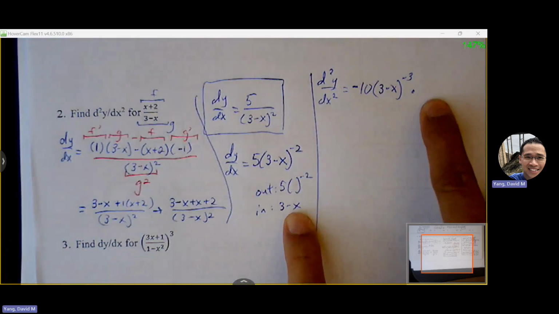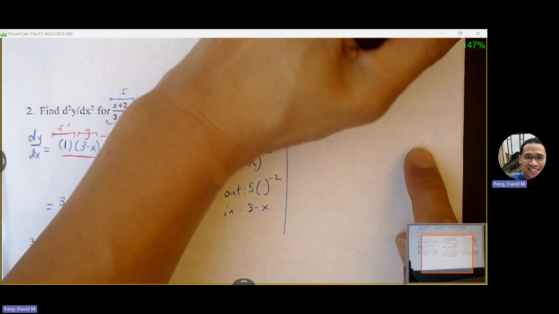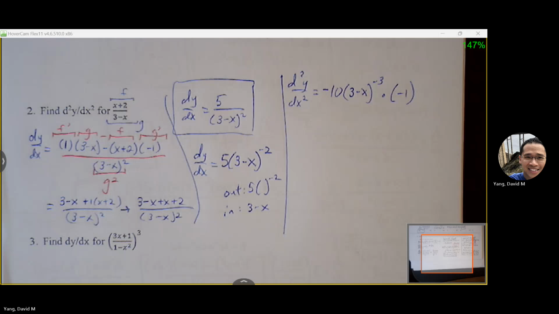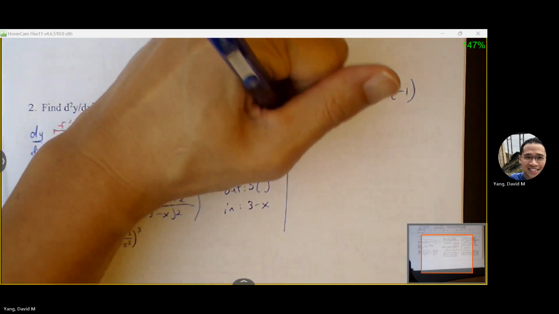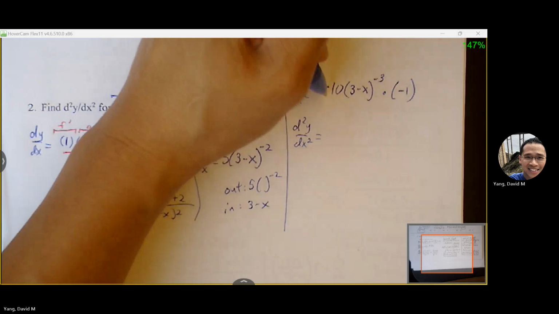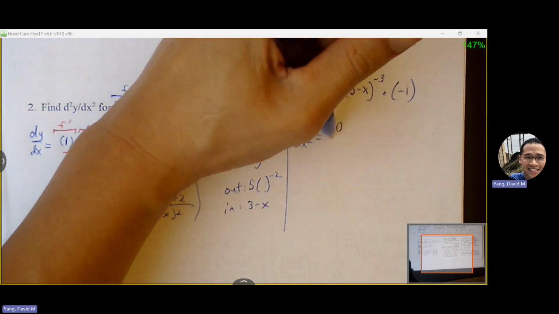Times, now we're ready for the inside's derivative. 3 minus x becomes what? -1. -10 times -1 is just 10.